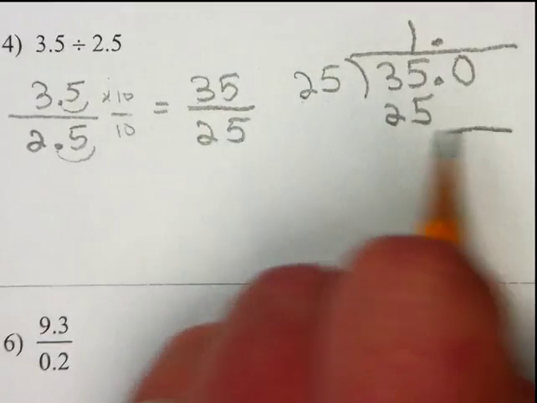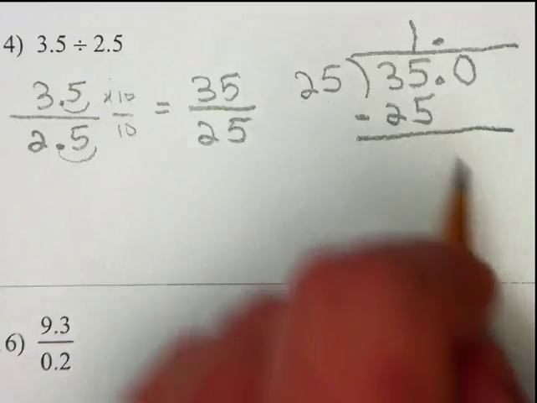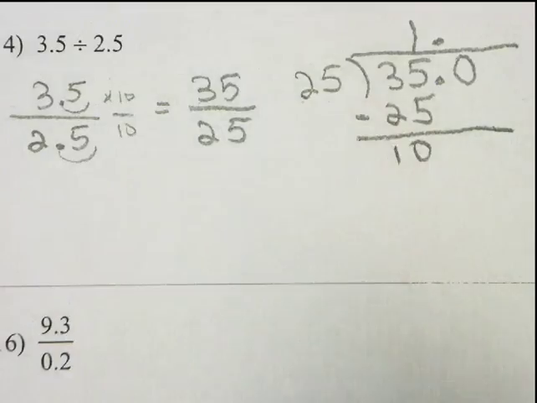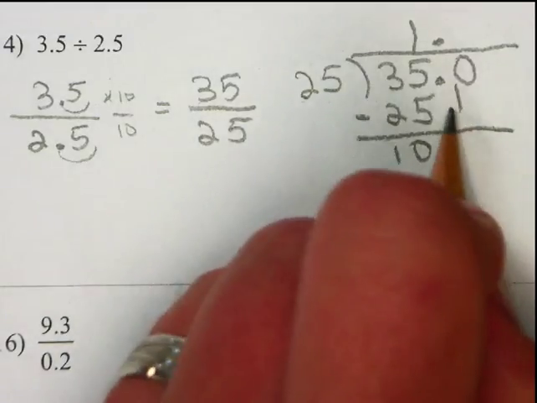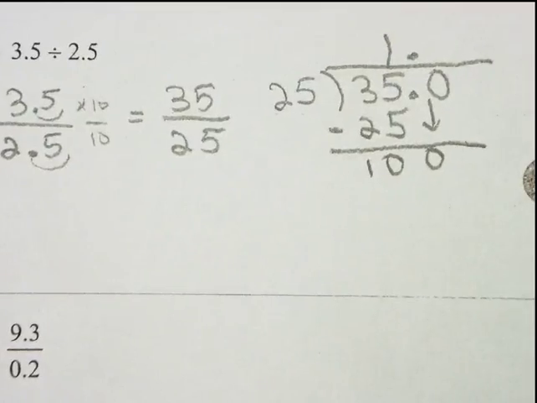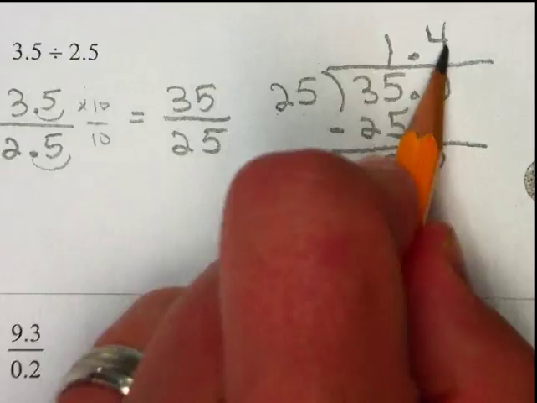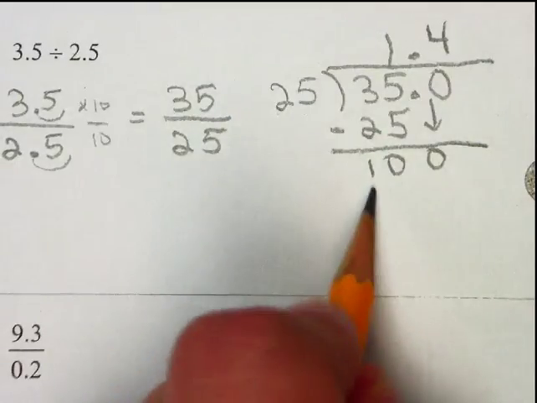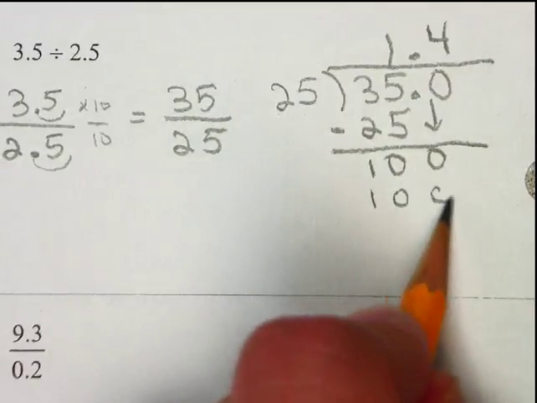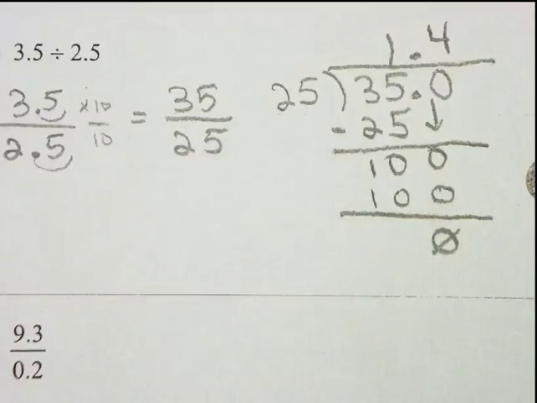Subtract. 10. And bring down the 0. And 25 into 100 is 4. 25 times 4 is 100. End of problem. So your answer is 1.4.